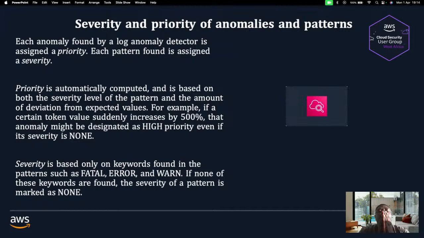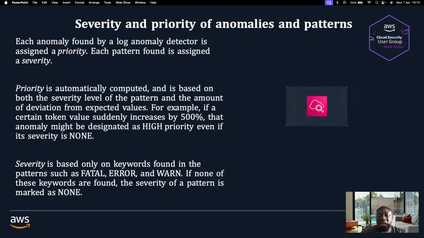When it comes to anomaly detection, these are common terms that people would normally see when you are looking into anomaly detection patterns in AWS. One of these common terms is having a priority. When an anomaly is detected, it's assigned a priority.